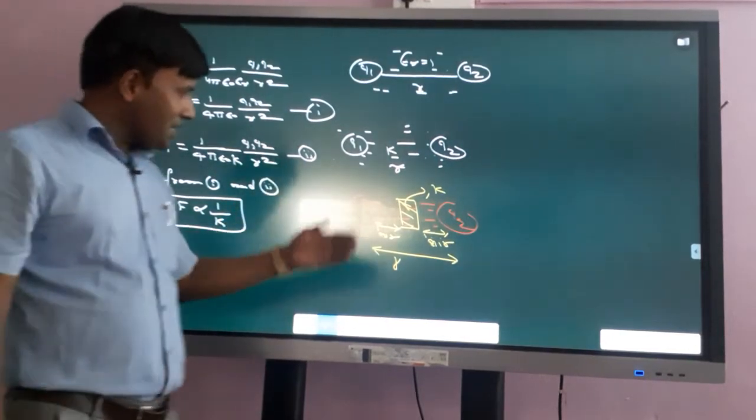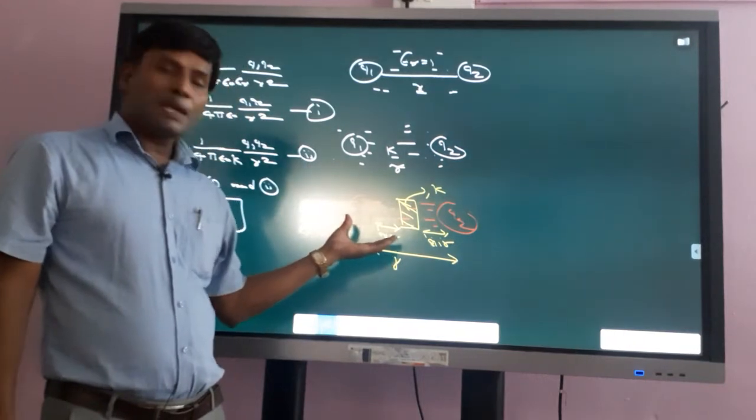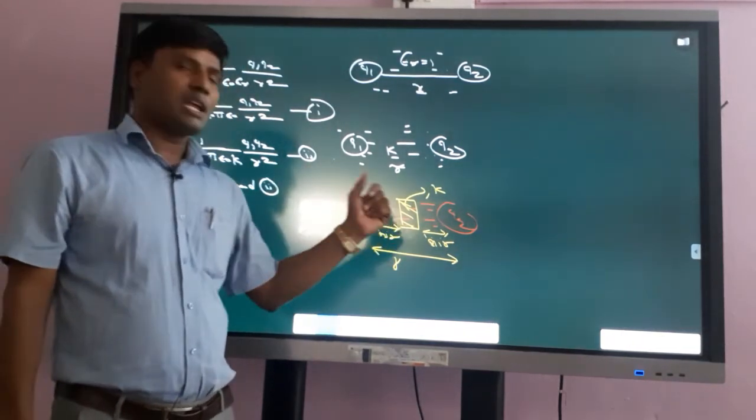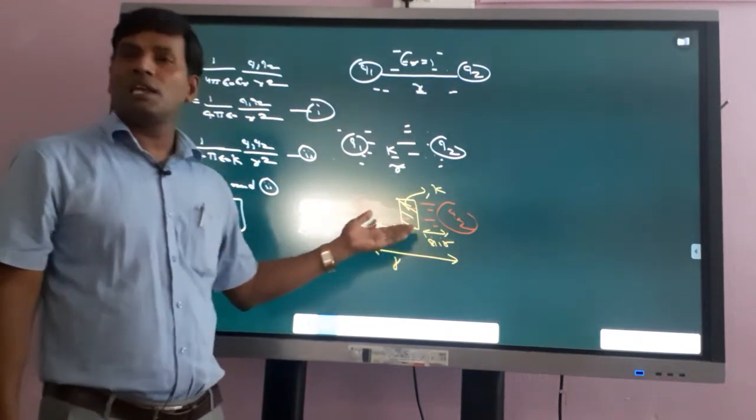So this can be done with the help of effective distance between Q1 and Q2 once there is no dielectric, only air.